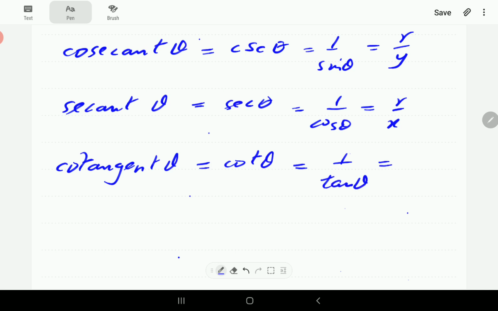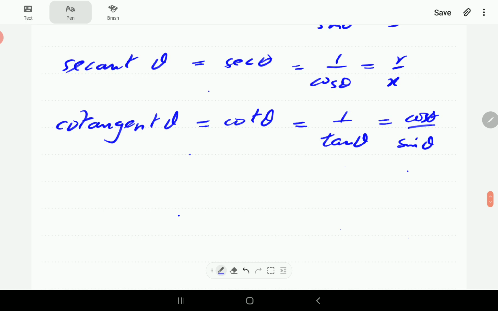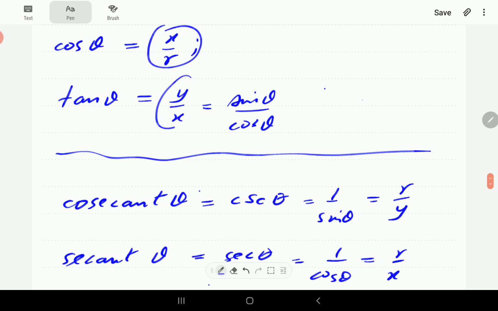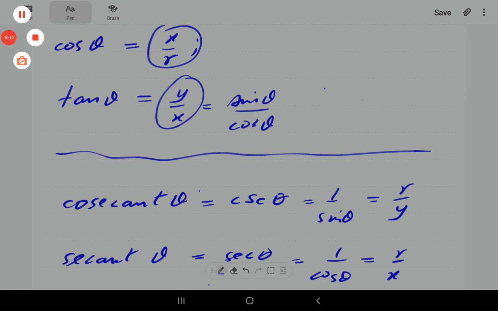Now since tangent theta is sine over cosine, this one is cosine theta over sine theta. So it's going to be x over y, because tangent is y over x. So now we have got all six ratios, if you like.